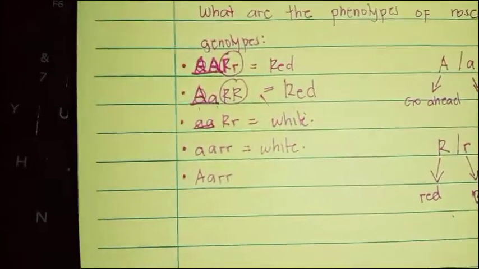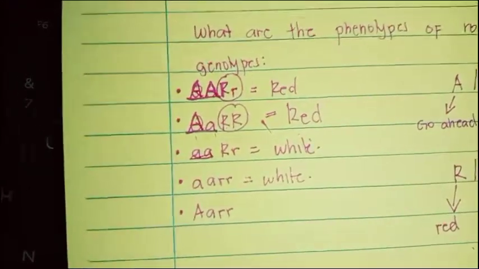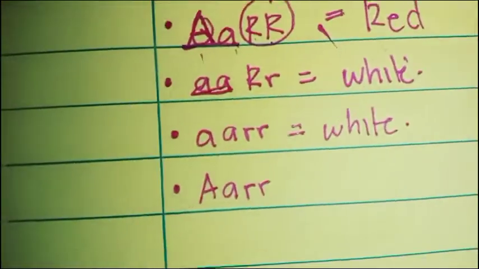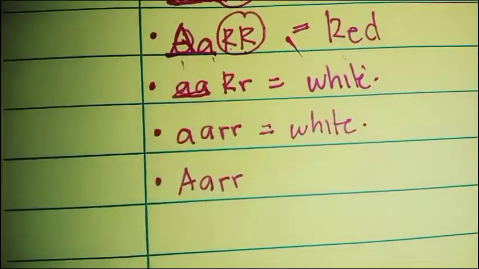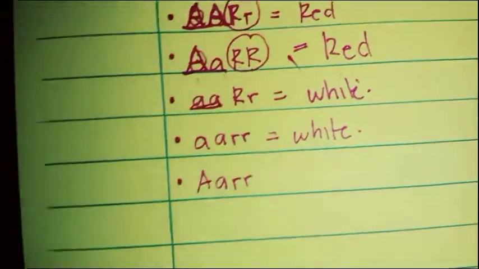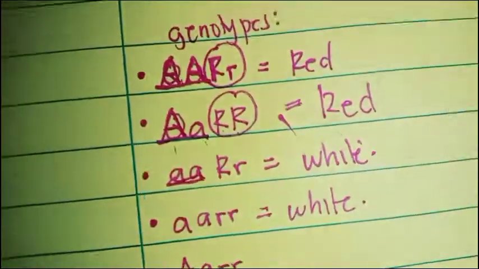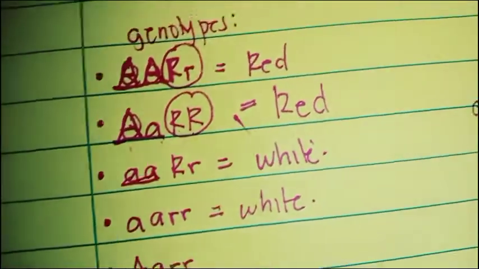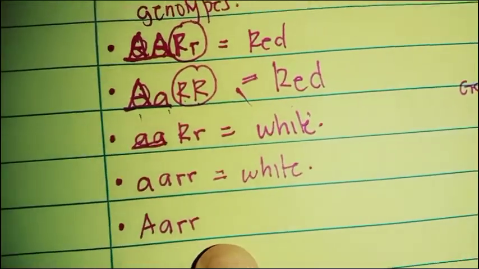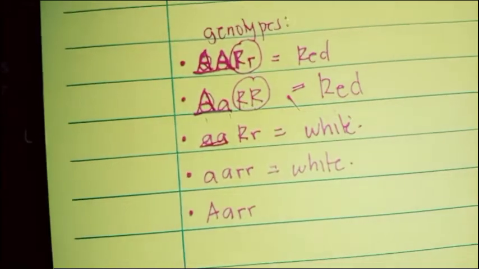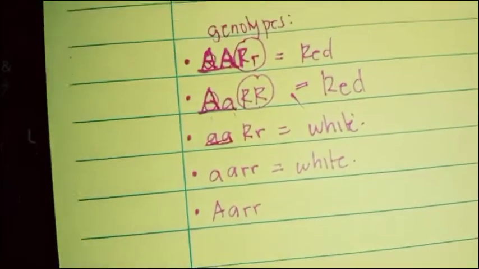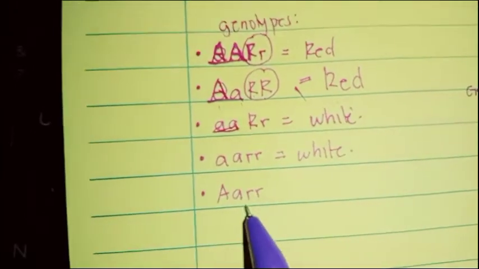So we will move forward to our last example, which has a capital A, small a, and two small r's. The big A means the overall expression is dominant, and we can go to the next gene.